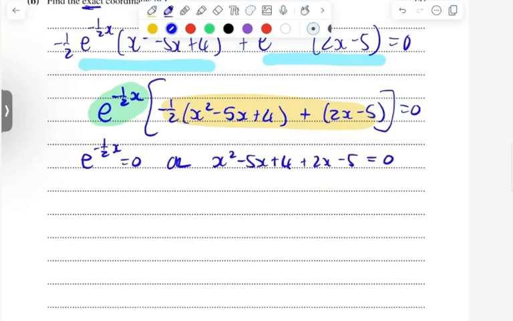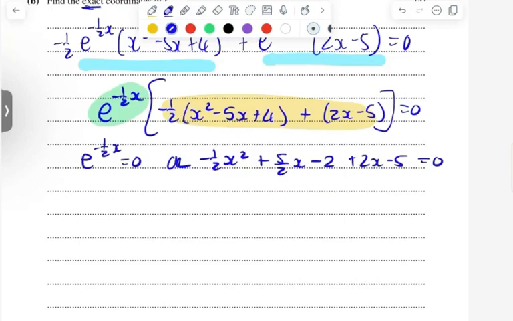Well, I can't just divide through by half because it's not connected to all the terms. Oh my goodness. Okay. Minus a half x squared. Minus and minus becomes a plus. Minus 2 plus 2x minus 5 is equal to 0. If I multiply everything by negative 2 now, that will get rid of it.